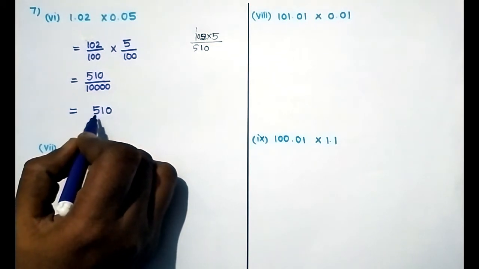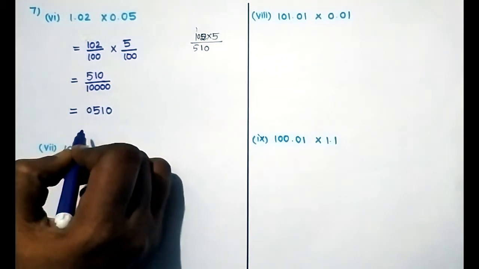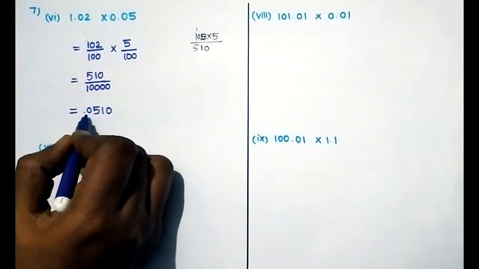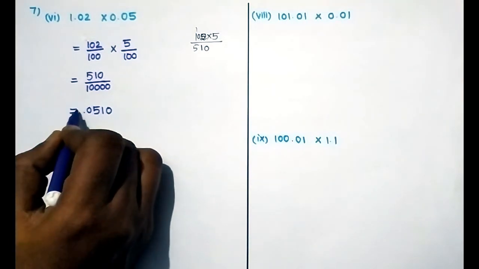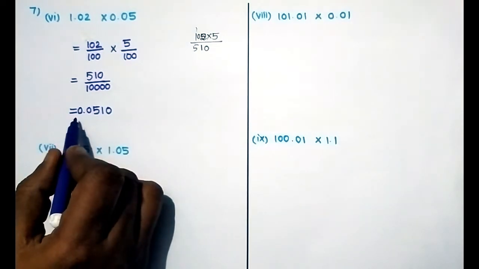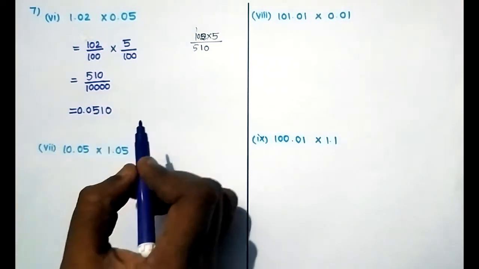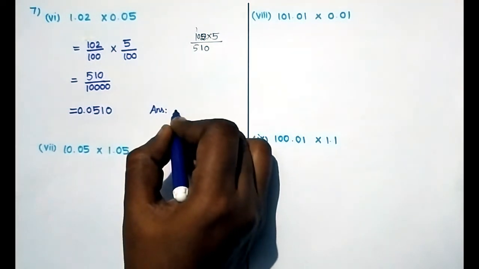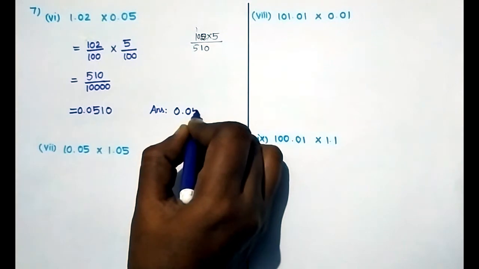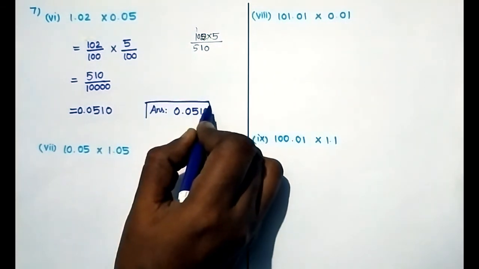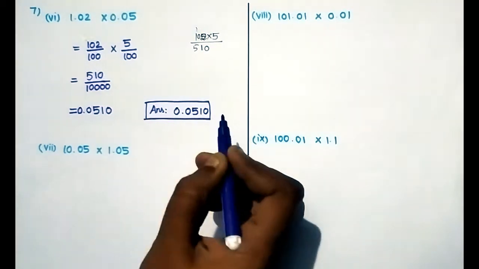So 1 2 3, add 1 0 and keep the point. 1 2 3 4. 4 digits before we have to keep the point. There is nothing in front of the point, so put 0 for that. Answer is 0.0510. That is the answer.